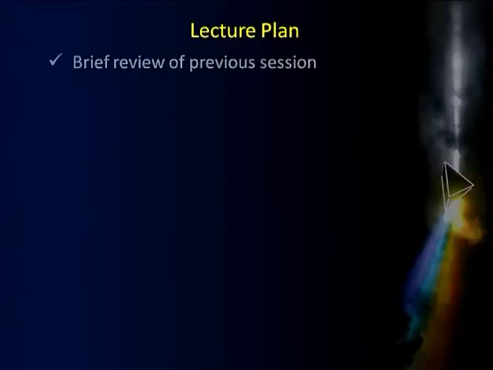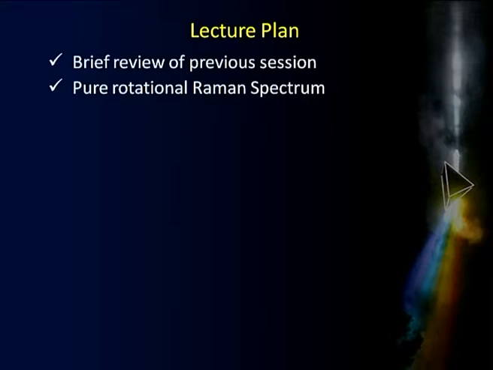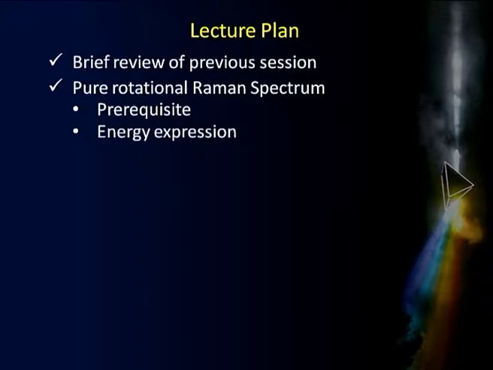To begin with, we will recall what we did in the previous session about the basics of Raman spectroscopy. Thereafter, we will have a discussion on the pure rotational Raman spectrum. This will be structured as follows: we will start with the prerequisites for such a spectrum to be observed, followed by the kind of energy expression we come across, then the selection rule.